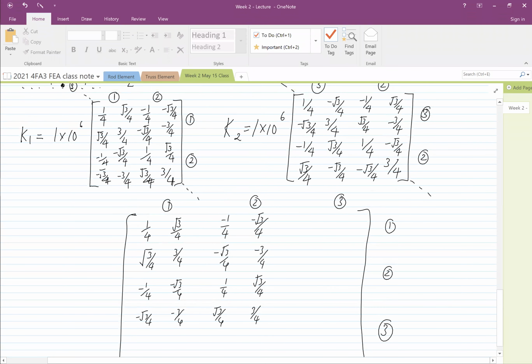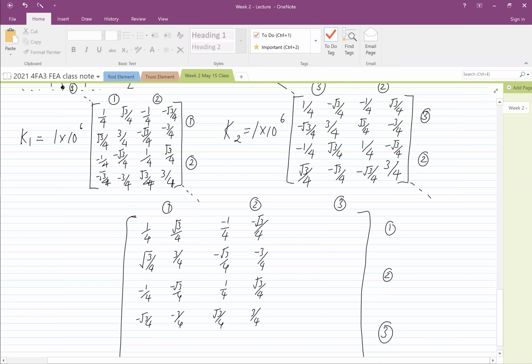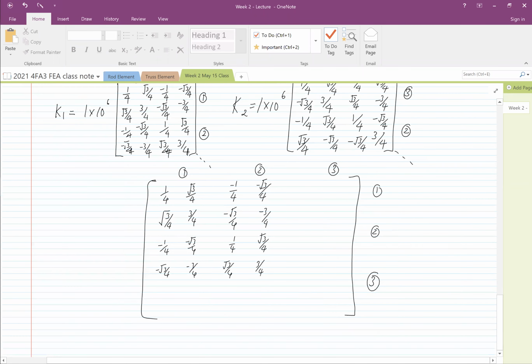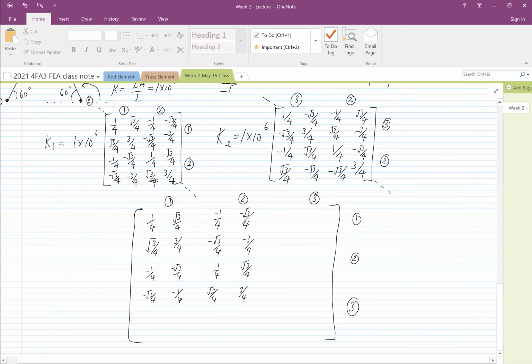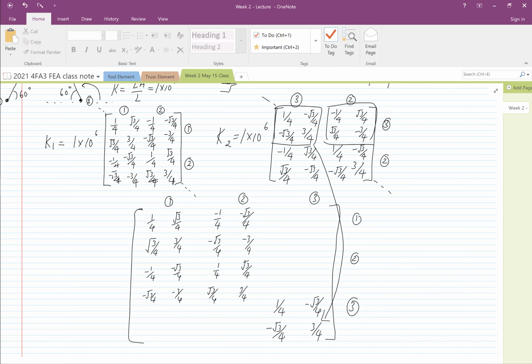So nodes 2 and 3, we will inverse that. So this box comes to right here. 1/4. And then this box, look after 2, 3. It goes to right here.